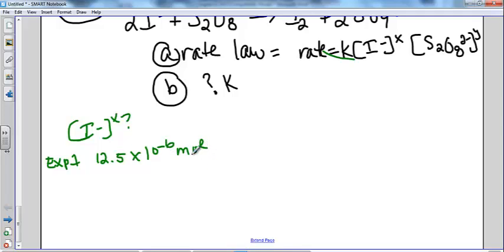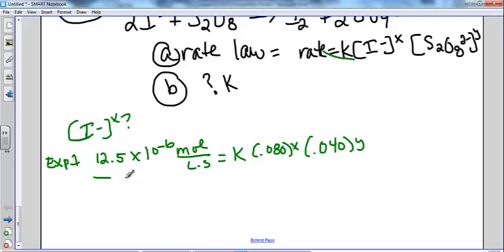I'm going to put the units in here just because I can right now, equals K, and my concentration here was 0.080 to the X and then 0.040 to the Y. That's experiment number 1. I'm going to take that and divide it by experiment number 2.